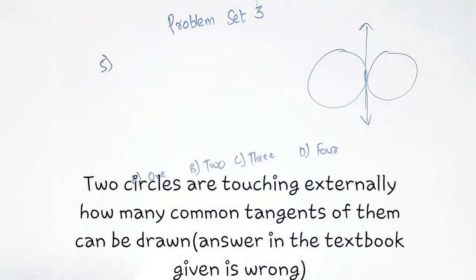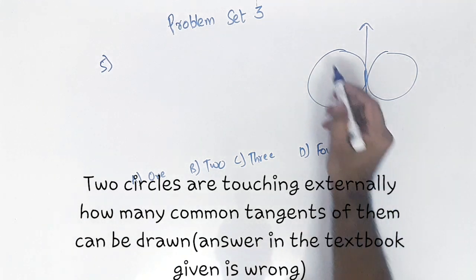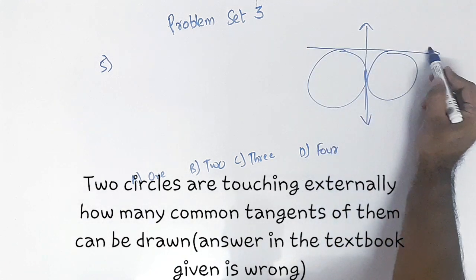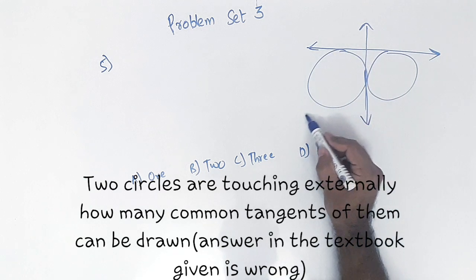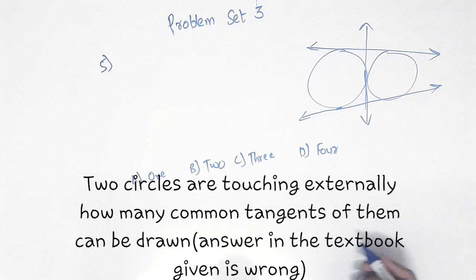So your correct option is, beg your pardon, we can draw one from here also. This is a common tangent and this is also a common tangent. So actually we can draw three common tangents for two externally touching circles.